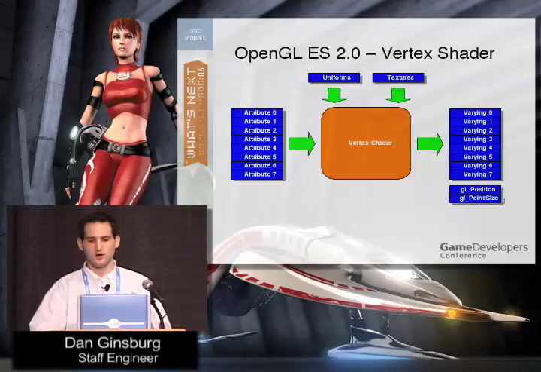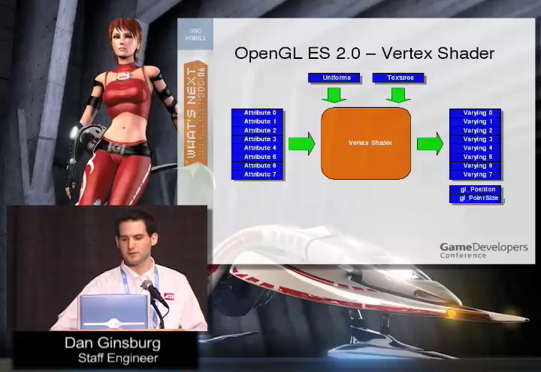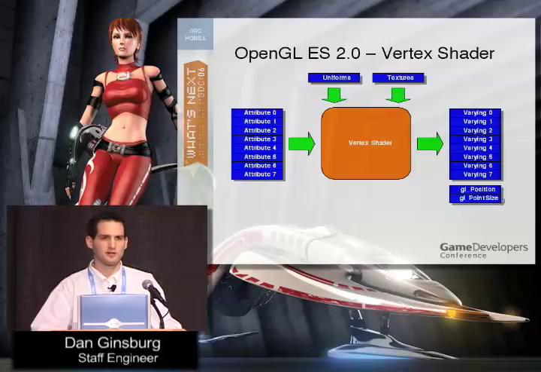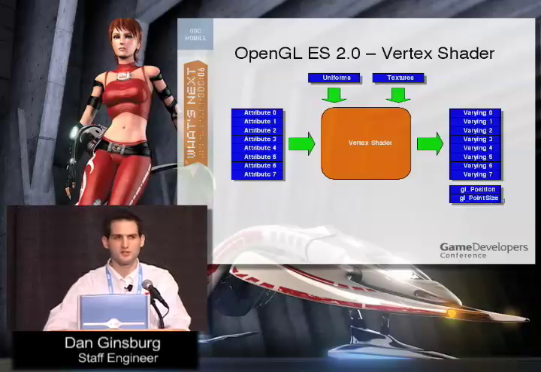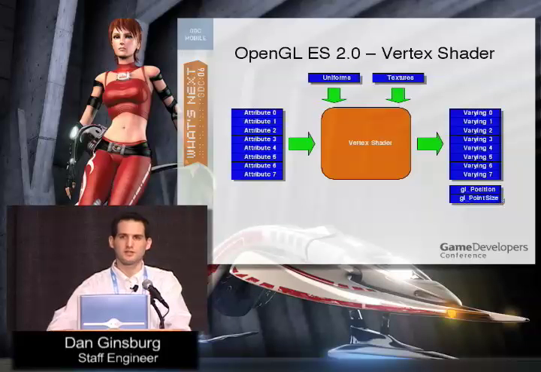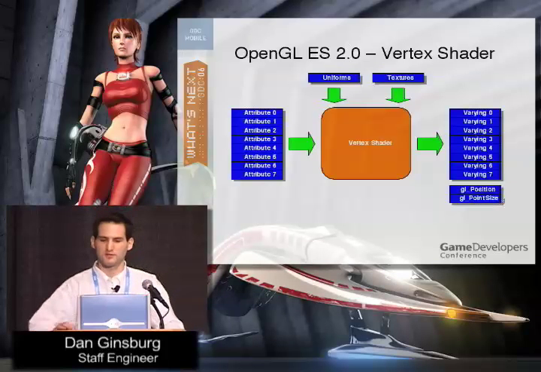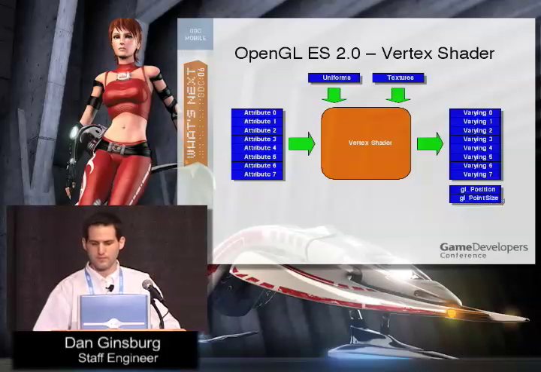In addition to the user-named varyings, you have two built-in varyings, GL_position, which every Vertex shader must output, and that's your transformed position, as well as GL_point size, which is used for the rendering of point sprites and specifying a size per point.